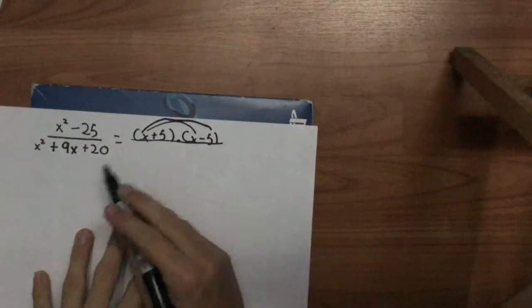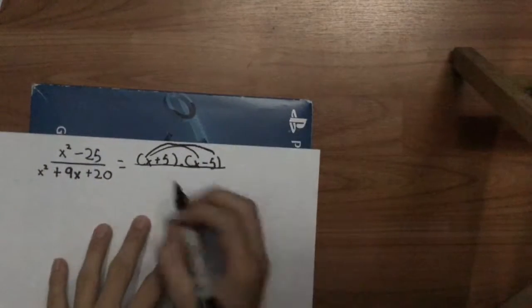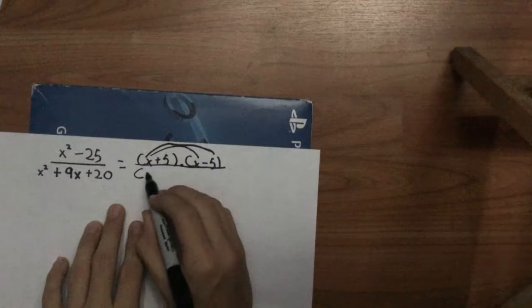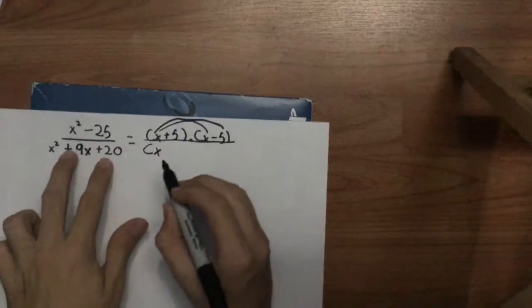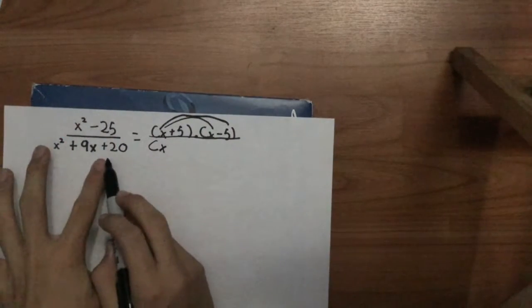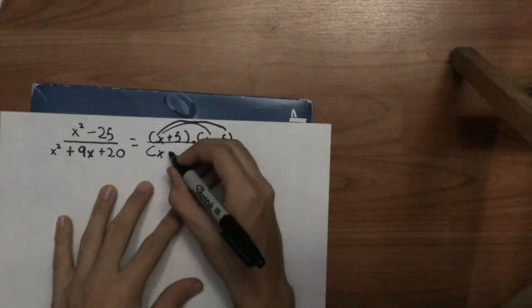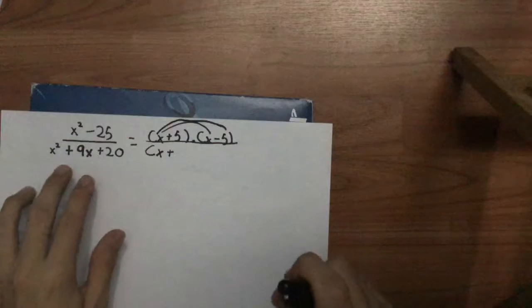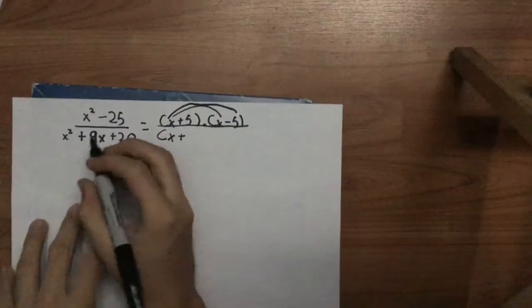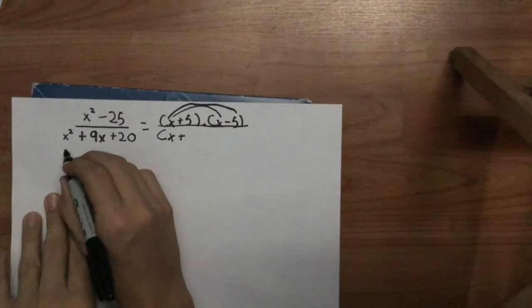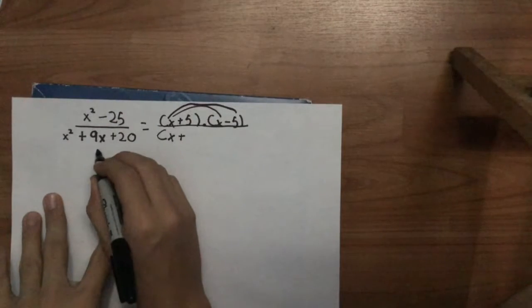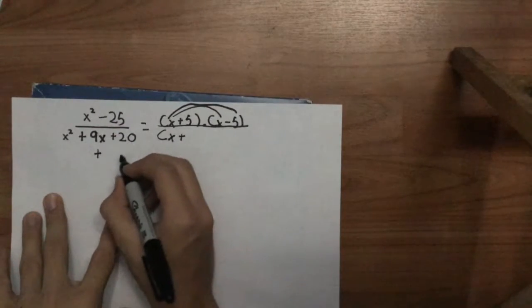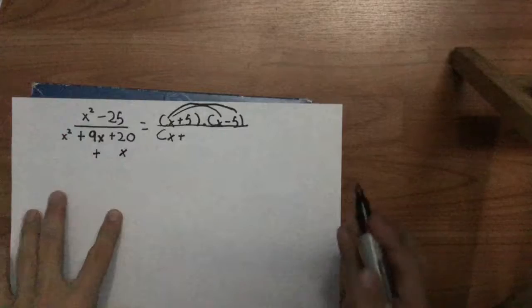Next, we need to do the same, but now over here. So we're going to write down x, because they're all positive over here, positive, positive, positive. So you keep the same symbol, plus. Now what we need to understand is this: you just need to multiply the x, in here you just need to add them up because of the x, and in here you're going to multiply also.